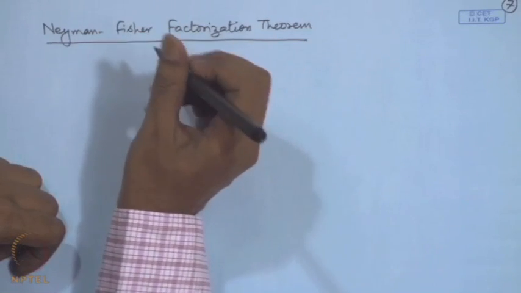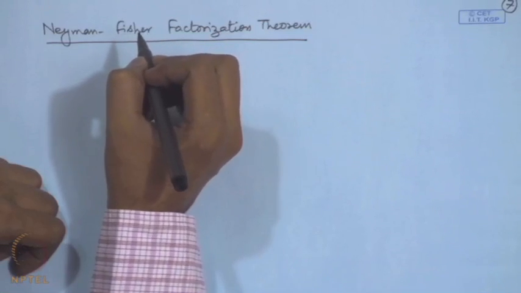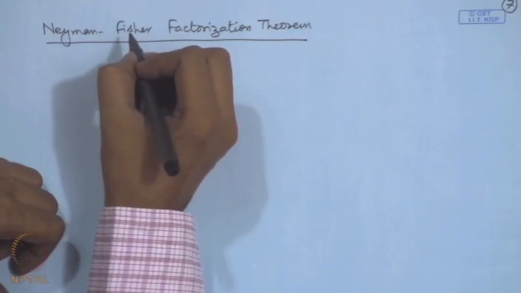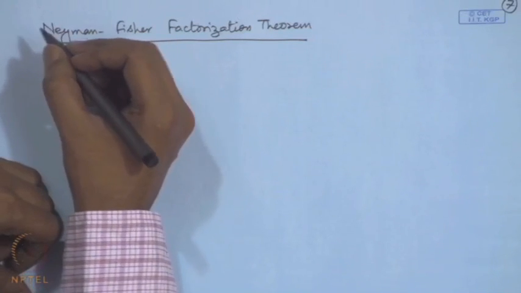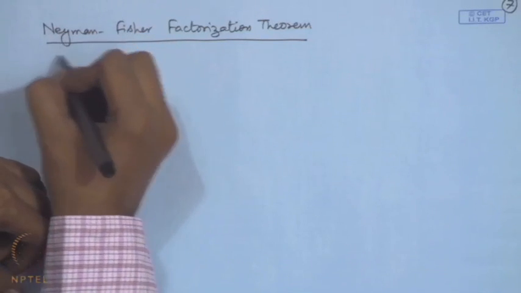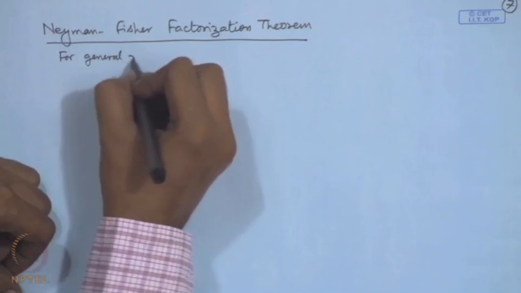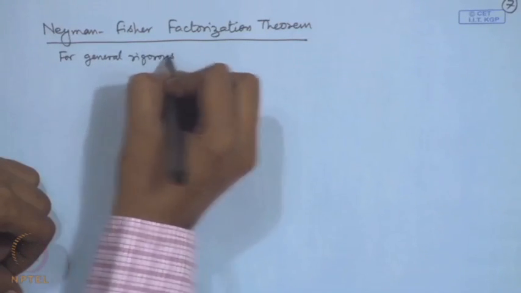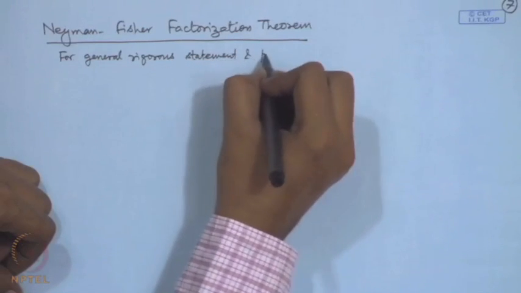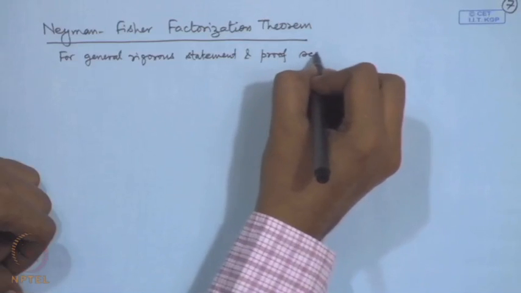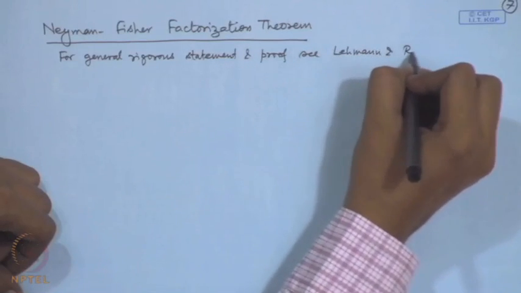We are not going to give a very rigorous statement and proof of this theorem, which will be applicable to all situations. Rather, we will consider a discrete case here and write the proof here. For a general rigorous statement and proof, see the book of, say, Lehmann and Romano.